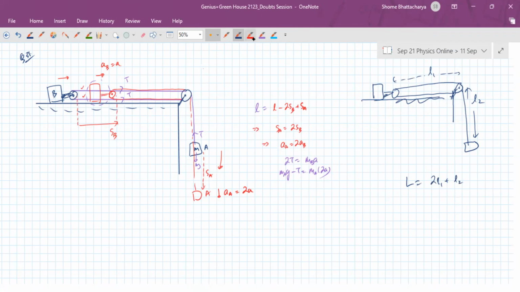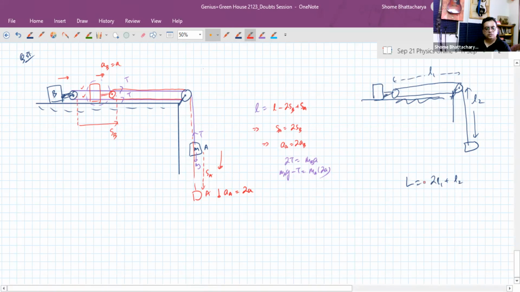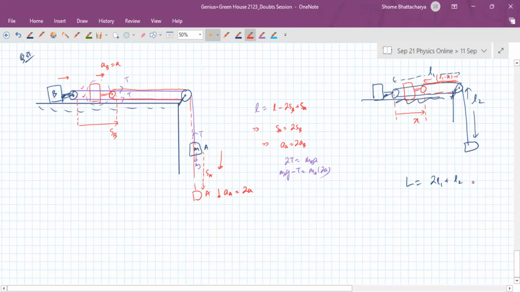Now when the system has moved from here, this block has moved somewhere here. If this block has moved by x, then the pulley has also moved by x. So this thread length from here to here has become L1 minus x. And during that time, this block has moved down by y, let's say.